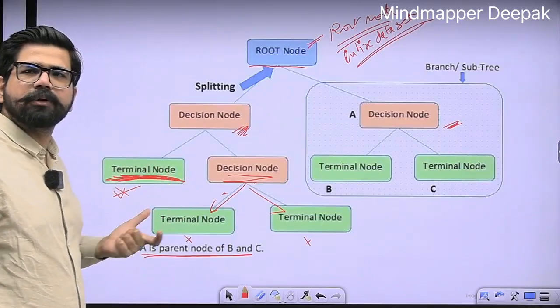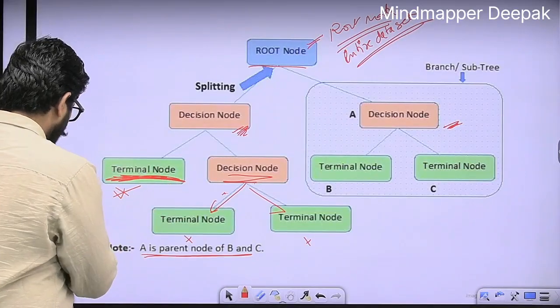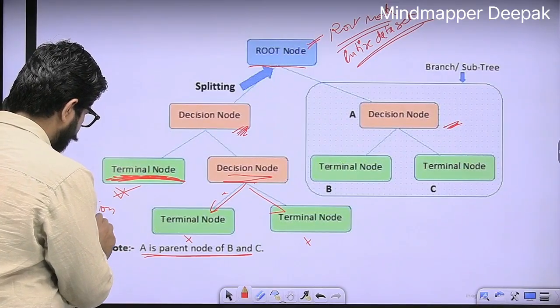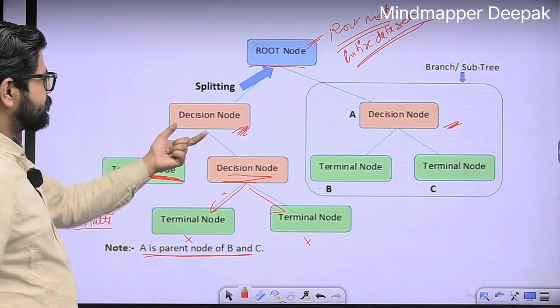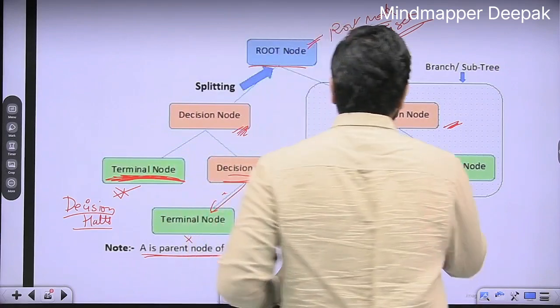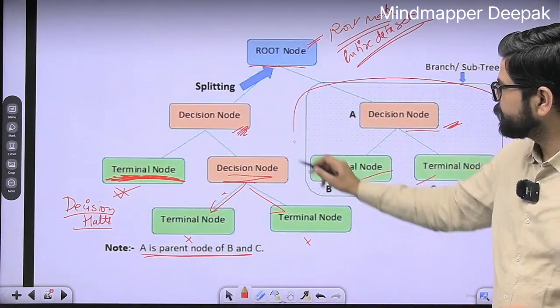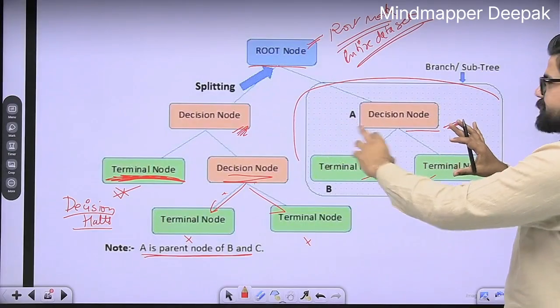Terminal nodes are those nodes where decision halts. And these are the decision nodes. The root node has further classification as decision nodes, and these two are similar subtrees.